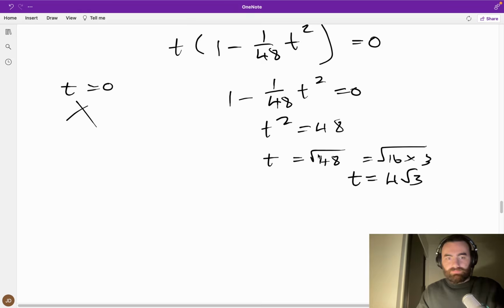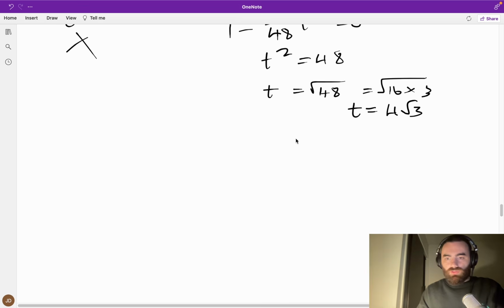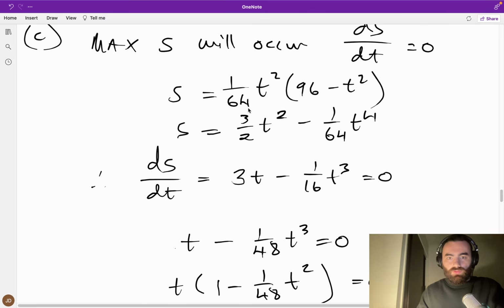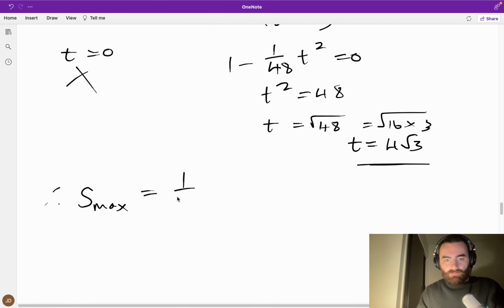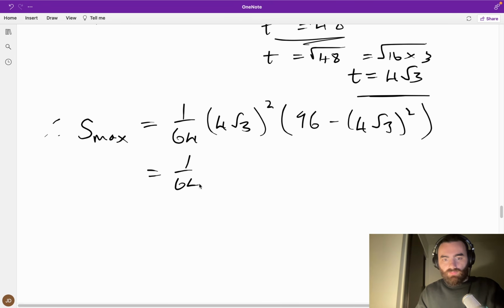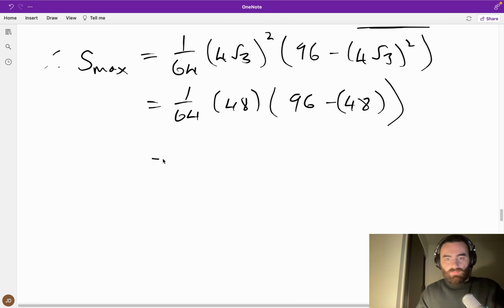Okay, so S max occurs at this time. So it's going to equal 1 over 64 of 4 square root 3 squared times 96 minus 4 square root 3 squared. These are t squared, so it's actually 48. So this equals 1 over 64 times 48 times 96 minus 48, which is 48.